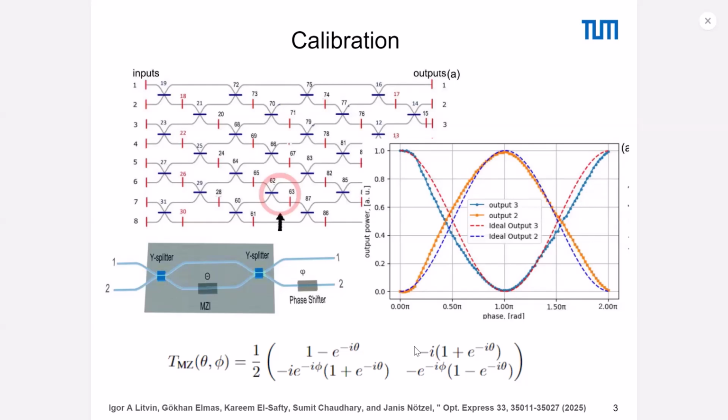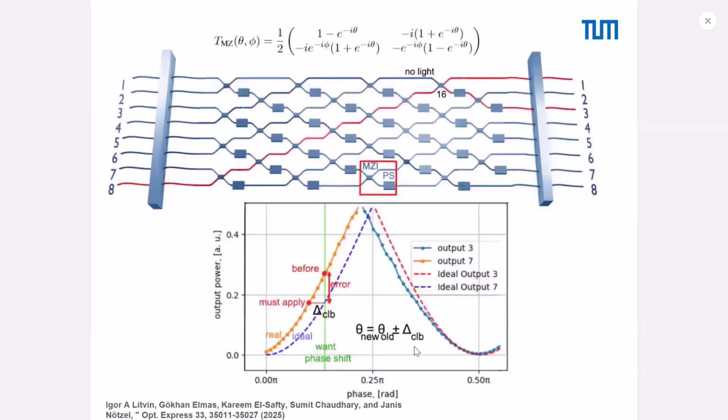So we can try to recalibrate our photonic processor. How? The idea is like this. Because we can use the bar and cross settings without problem, we can deliver our beam, for example, from input 1 to any MZI. For example, we deliver to MZI 16, change the phase of this MZI, read the output power, and compare this with our analytical equation.